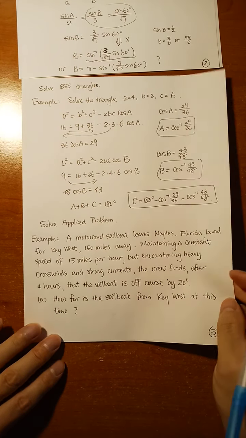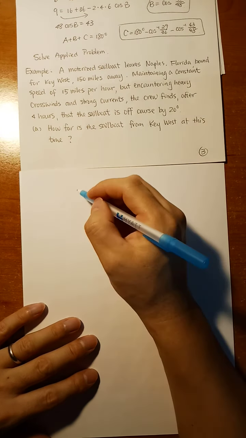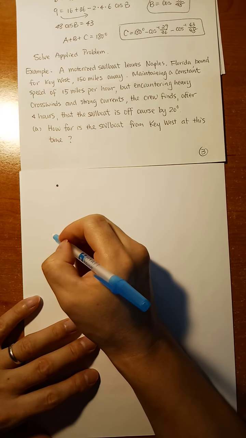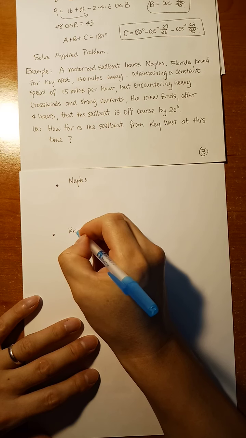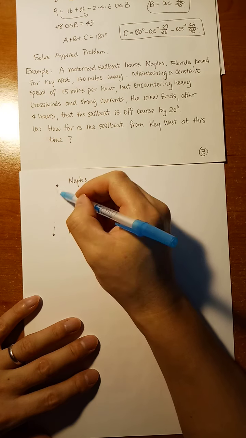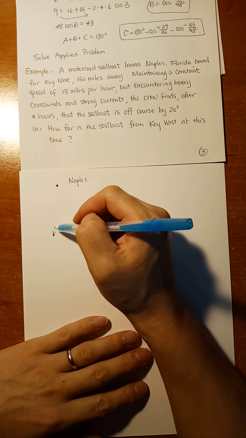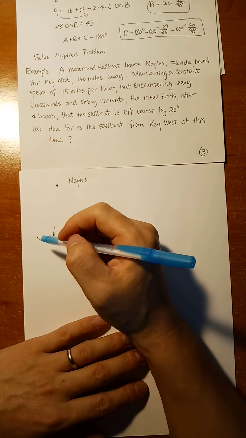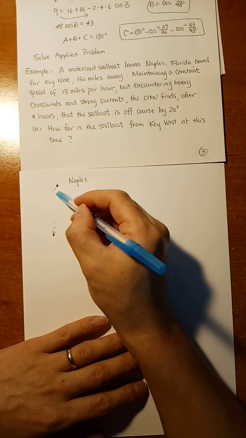Okay, now let's see. So there's one place, a city, Naples. There's a Key West. If there's no crosswind and current, then this trip will be straightforward from Naples to Key West. But with certain crosswind and the strong current, there's a 20 degrees angle.